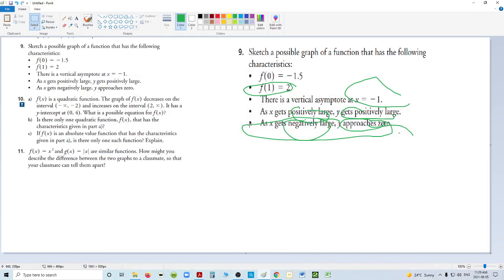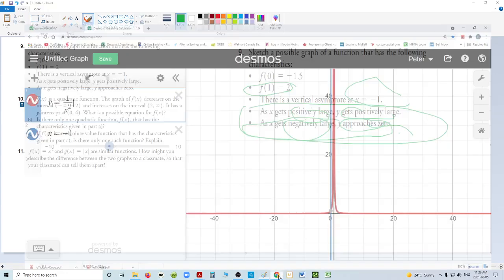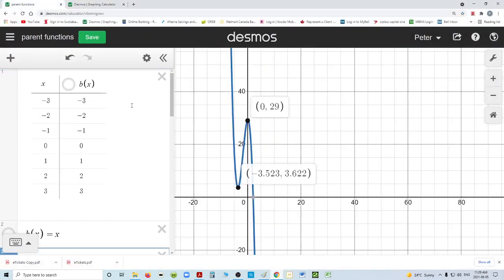What else has vertical asymptotes? Tangent. But tangent doesn't meet these conditions. So you can always go look at your parent graphs to see if one matches what we're looking for.